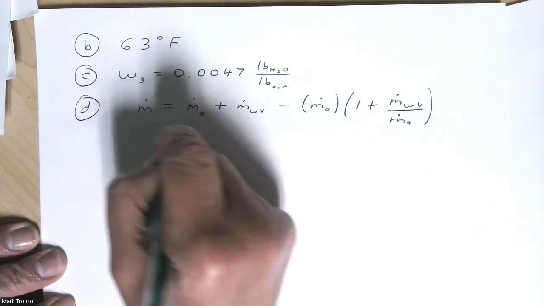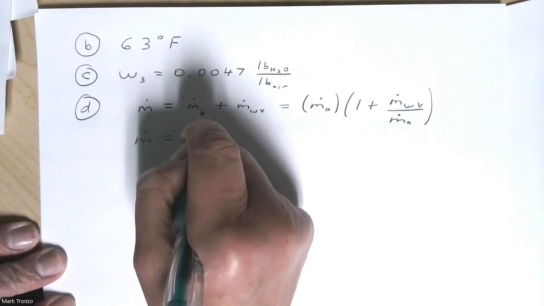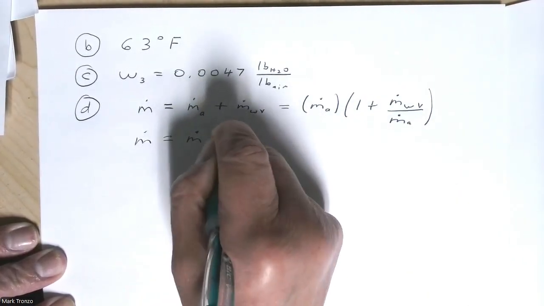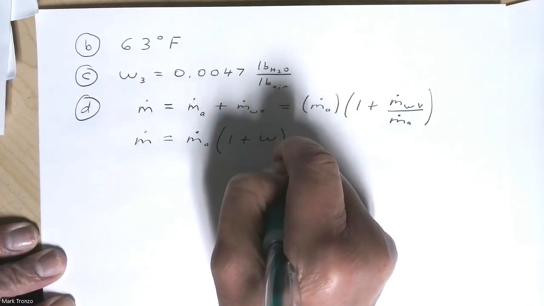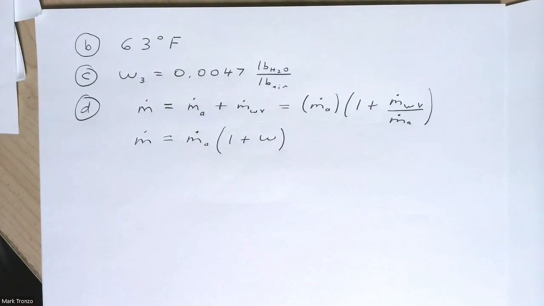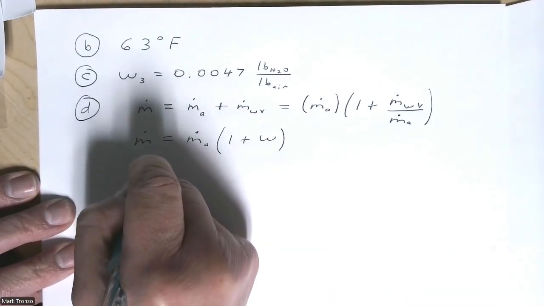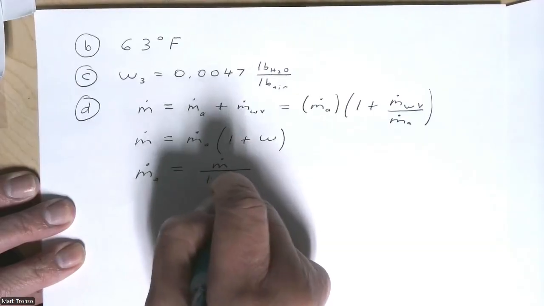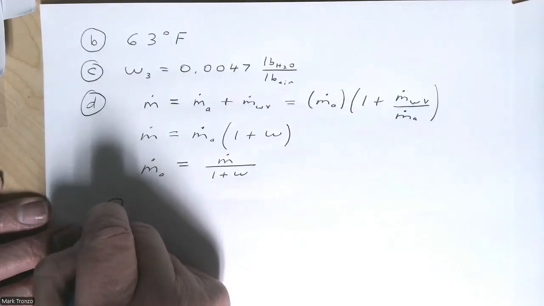Again, the specific humidity is the same as the humidity ratio, this omega up here. So we can make the total mass flow rate equal to m_a, the mass flow rate of the air, plus the specific humidity or the humidity ratio. And then we can use this to solve for m_a, like this. And then calculate the heat transfer rate.